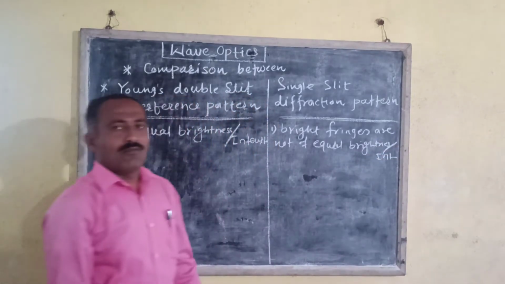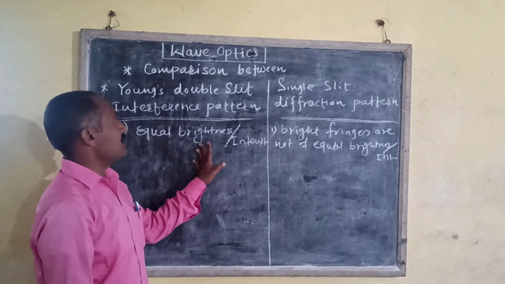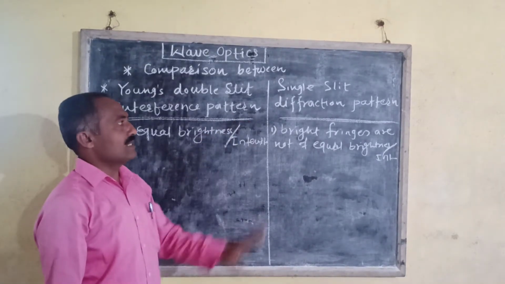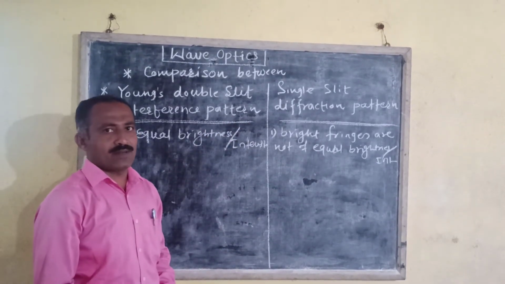This is the first difference between Young's double slit interference pattern and single slit diffraction pattern.